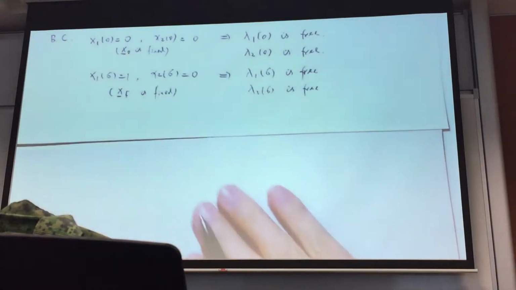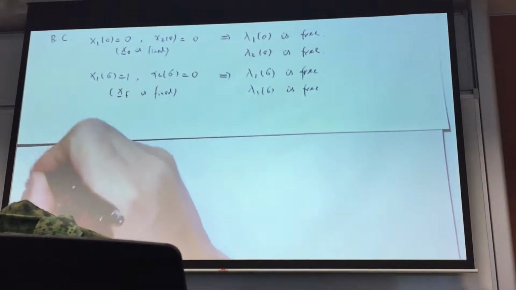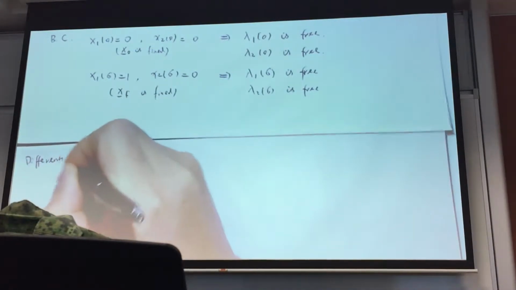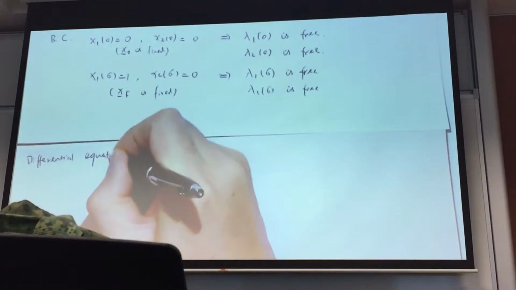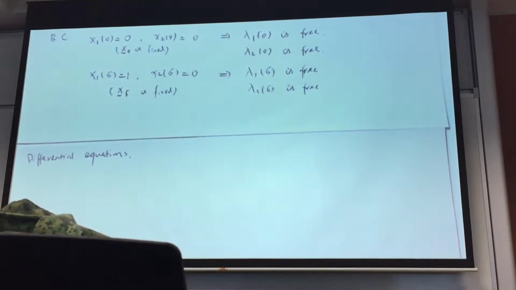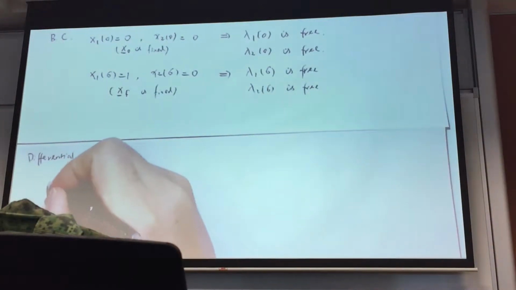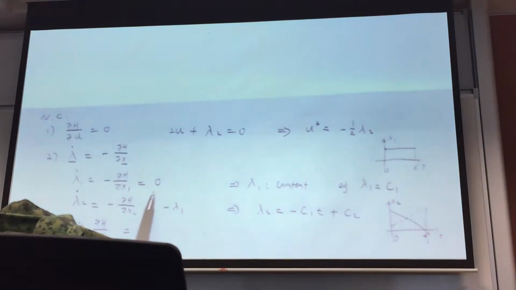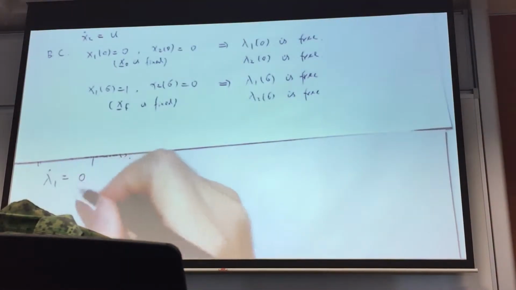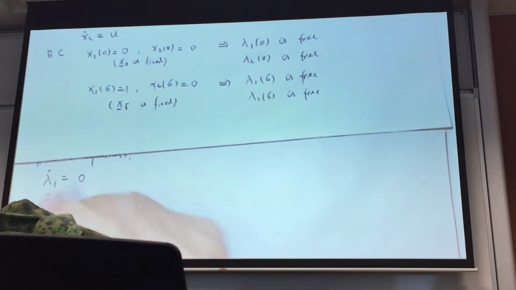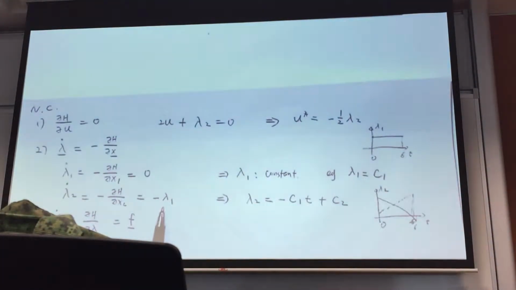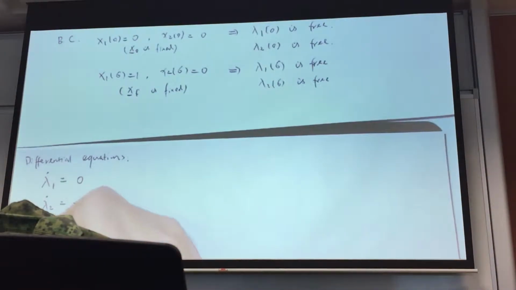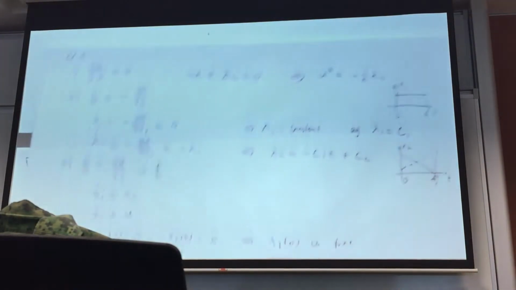So let's summarize what we have got so far. We got a set of differential equations. The first differential equation is lambda 1 dot equal to 0. Lambda 2 dot equal to minus lambda 1, and x1 dot equal to x2.